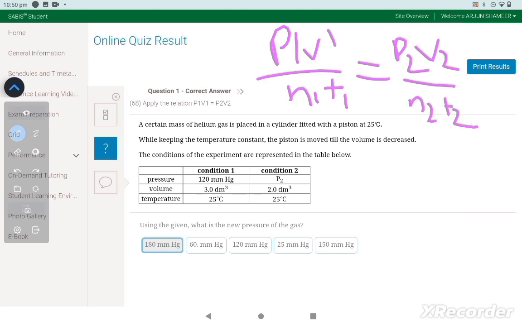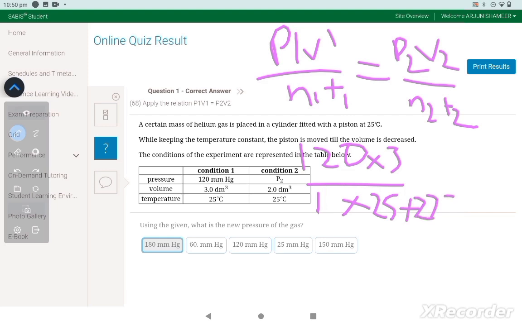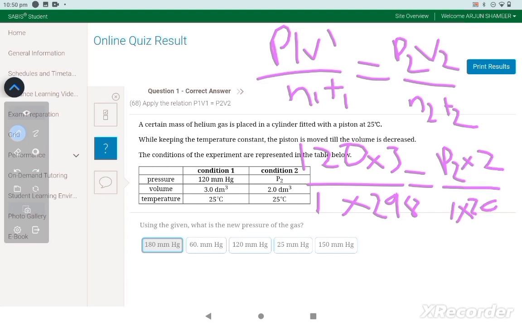Pressure is given 120, volume 3 over N1, multiplied by the temperature 25 plus 273 because we want it in Kelvin, so it's going to be 298, is equal to P2 times 2 over 1 times 298.